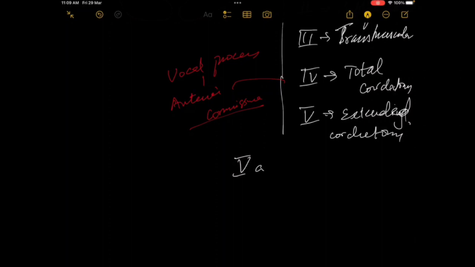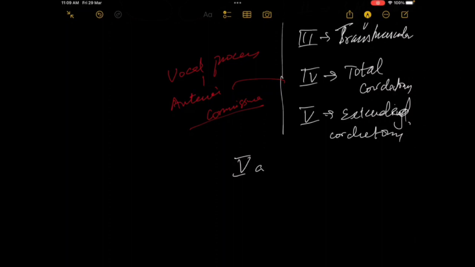Now type 4 is total cordectomy. What do we mean by total cordectomy? That the vocal cord is removed in toto, extending from the vocal process to the anterior commissure. So the entire vocal cord is removed from the vocal process to the anterior commissure.